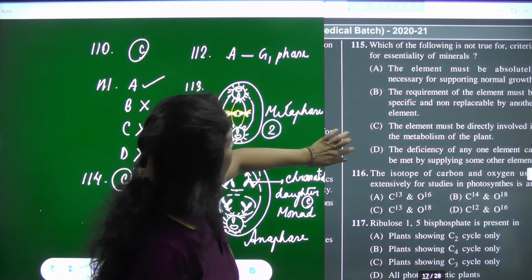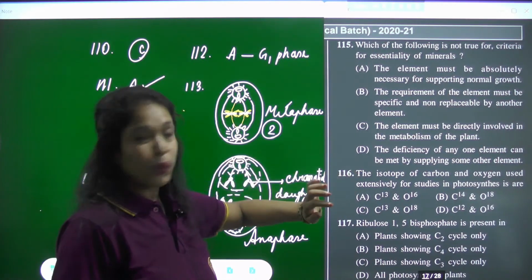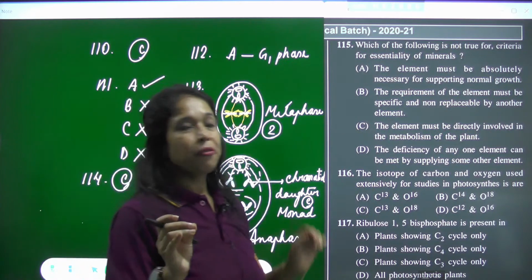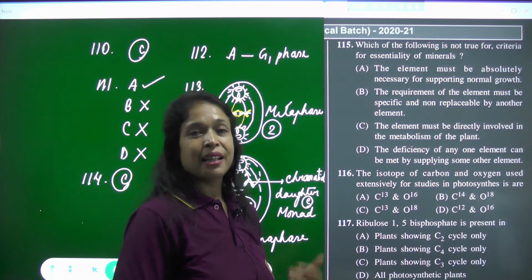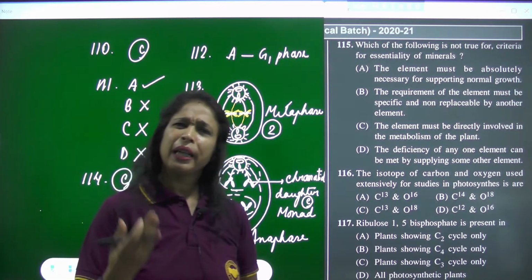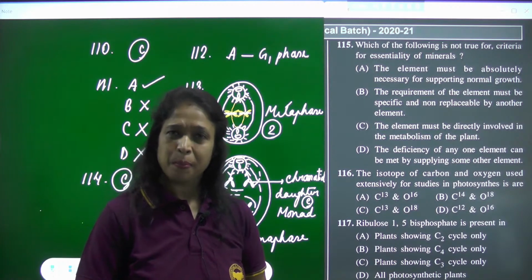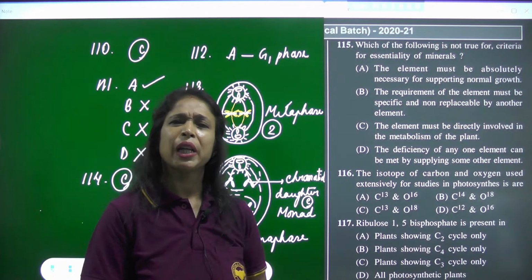Okay, now let's see the next question. The question is on mineral nutrients. Which of the following is not a true criterion for the essentiality of nutrients? As you know, there are many mineral elements present in the earth, more than 105 types.